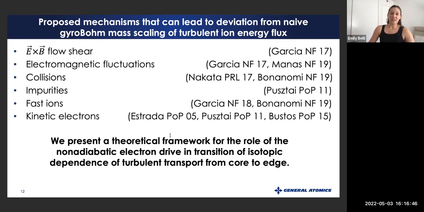So in this work, we present a theoretical framework for the role of the non-adiabatic electron drive in the isotopic dependence of turbulent transport and the mechanism by which it can lead to a transition from gyroBohm-like scaling in the core to a strong reversal in ELMy H-mode edge regimes.